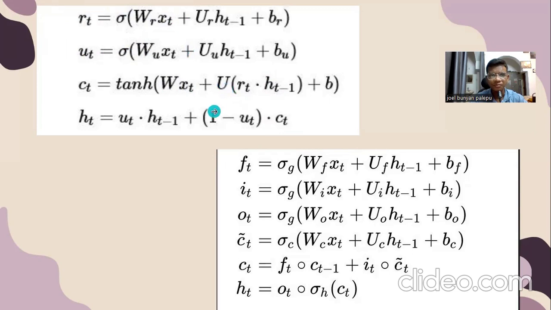And then we have this U gate, right? It is going to determine the balance between the influence of the current hidden state and the previous hidden state on the current hidden state. These gates are also influenced by these weights, which are again going to be updated.